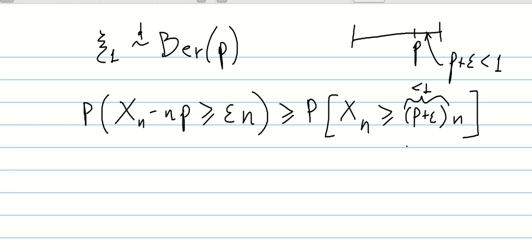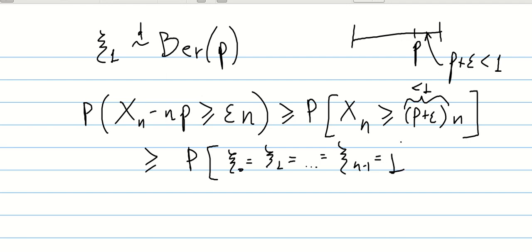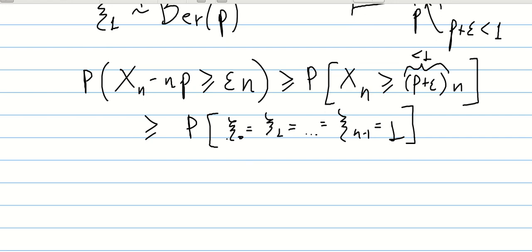So this will happen if, for example, all the xi's are 1. So if xi0 equals xi1 until xi n minus 1, they are all 1, this event is contained.